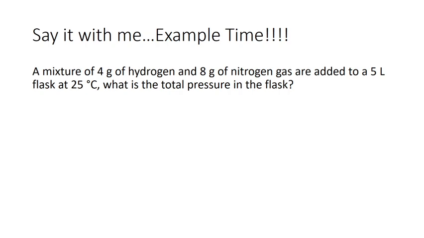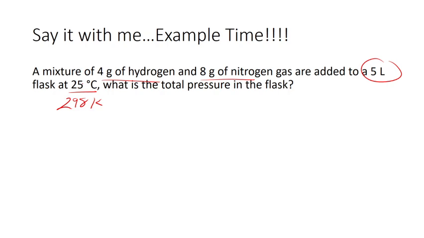And so one final example here, where we have 4 grams of hydrogen and 8 grams of nitrogen in a 5-liter flask at 25 Celsius, which happens to be 298 Kelvin.